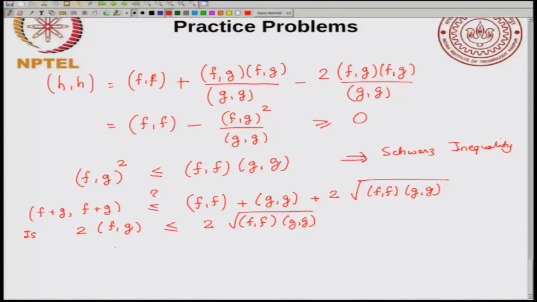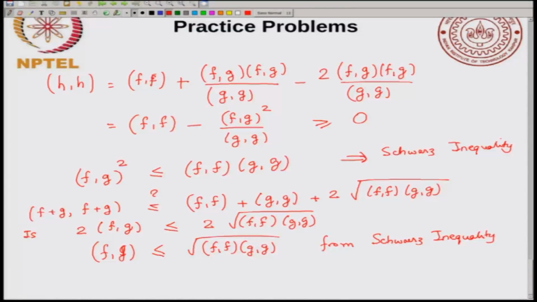Now clearly (f, g) is less than or equal to the square root of (f, f) times (g, g) from the Schwarz inequality. That is just up here, so we just showed this. If you take the square root on both sides, you get exactly this expression. So this implies that this inequality holds, and therefore the triangle inequality holds.